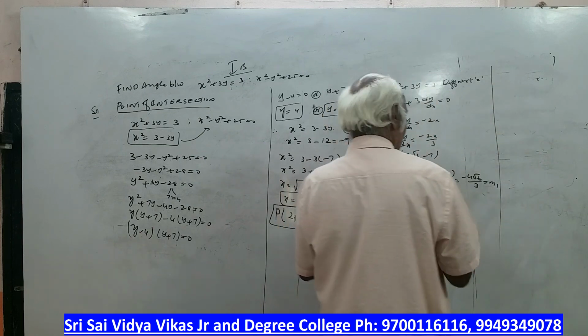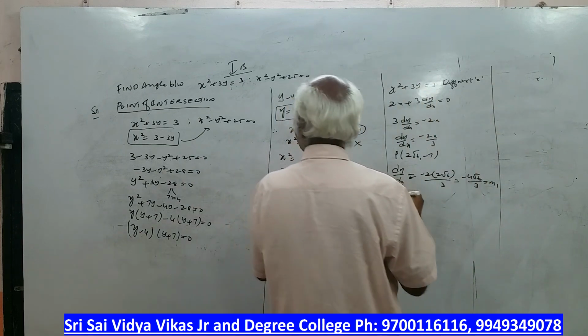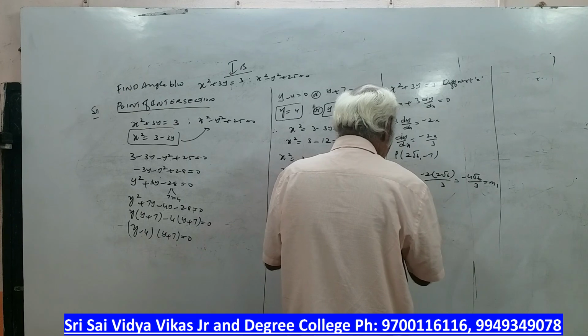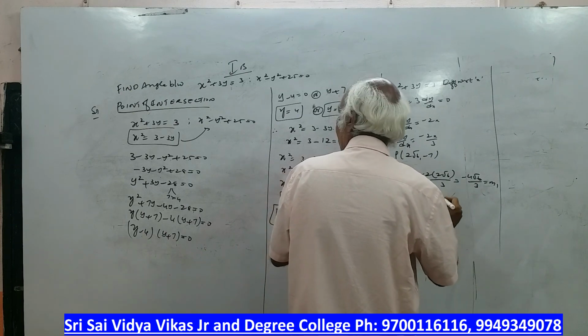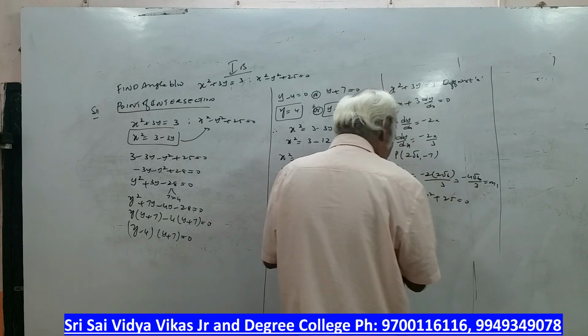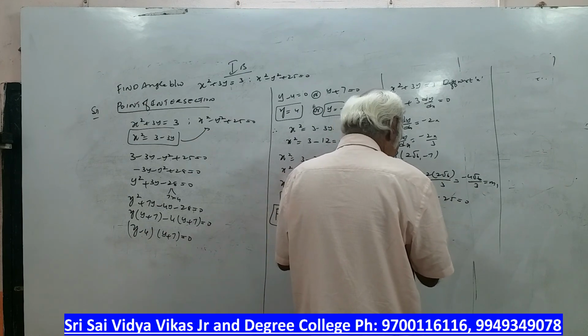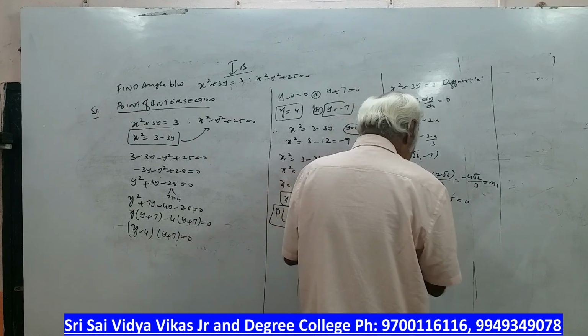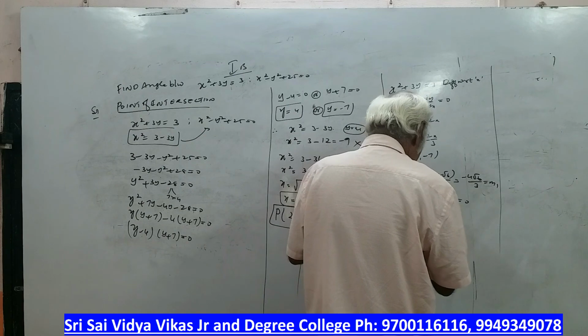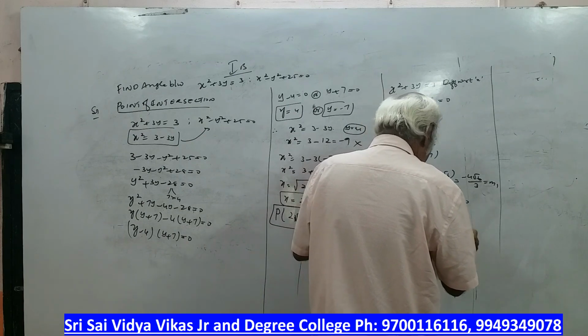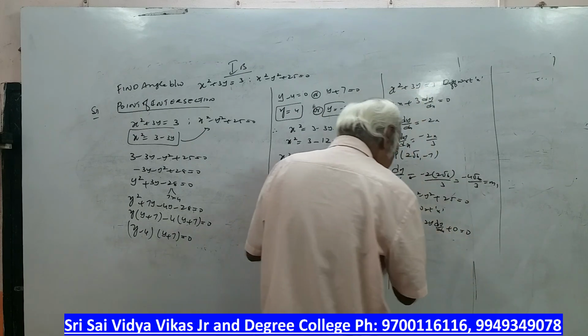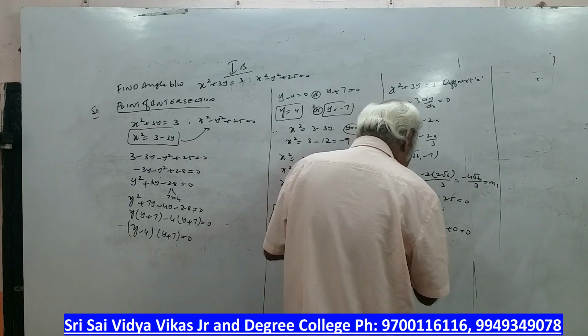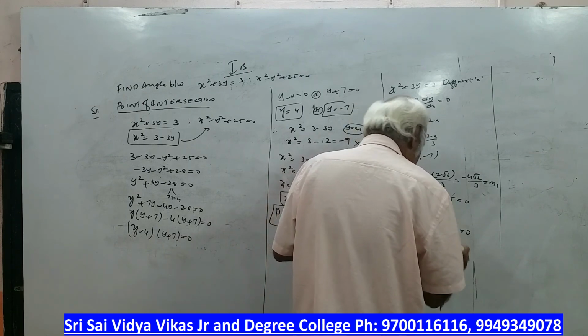Next one. What is the second equation? For x square minus y square plus 25 is equal to 0, differentiate with respect to x: 2x minus 2y into dy by dx plus 0 is equal to 0.